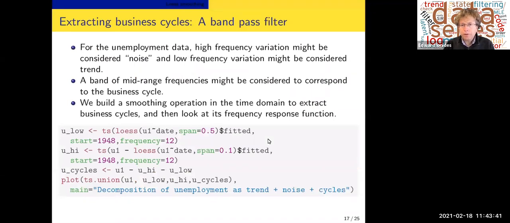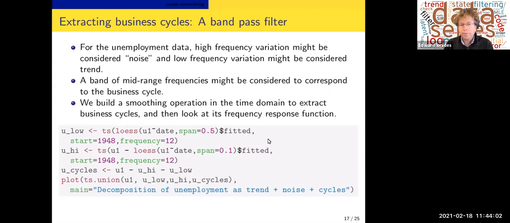Now, if we want to extract business cycles, we might think that these really low frequencies are kind of structural changes in the economy. High frequency variation is noise, and somewhere in the middle, we might get business cycle frequencies.